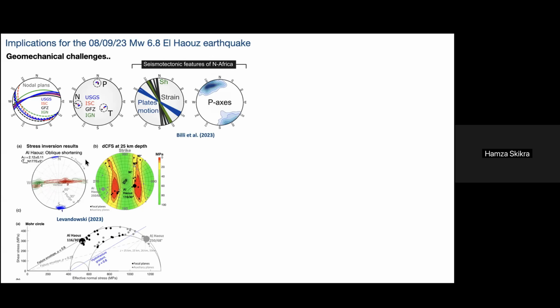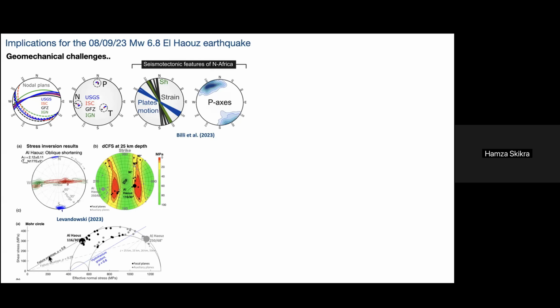All right, so a few weeks after the El Haouz earthquake, this geomechanical assessment was published by Lewandowski in Seismological Research Letters, in which he used this stress tensor with roughly north-south sigma 1 and vertical sigma 3 to estimate the fault slip potential of the different faults in the area, in order to discriminate between the focal planes and the auxiliary planes in the High Atlas and to determine which one of these two planes could be the causative one for the El Haouz earthquake.